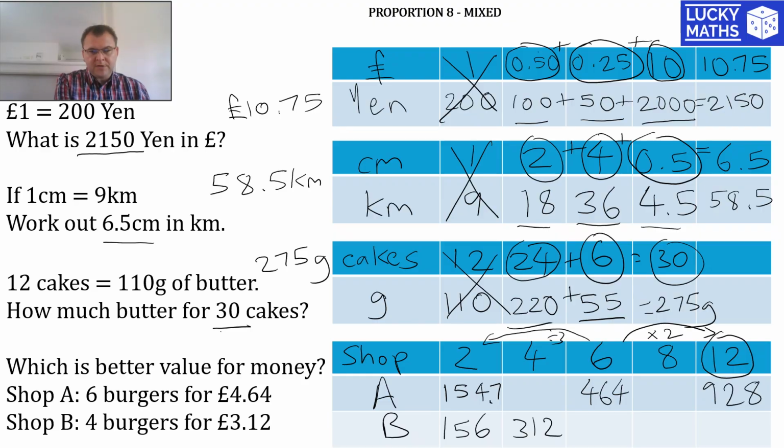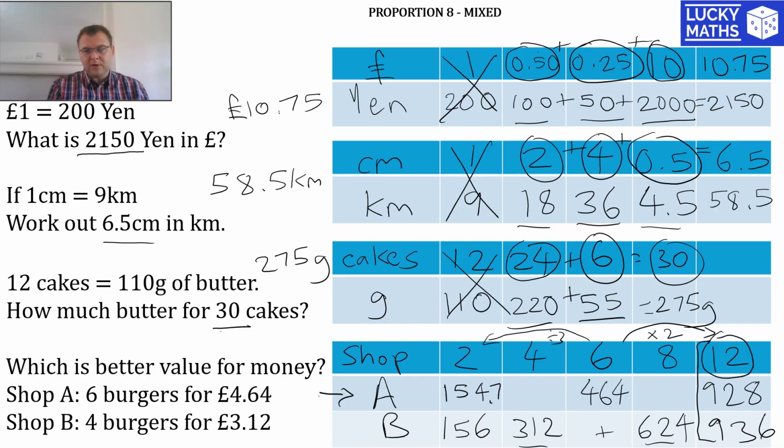With the 4 burgers, we've got 2 options. We could double it and get 8 burgers, which would be 624. And then I could always add the 8 and the 4 together, because it might be easier to see that. And that's 936. So basically, shop A is going to be cheaper.